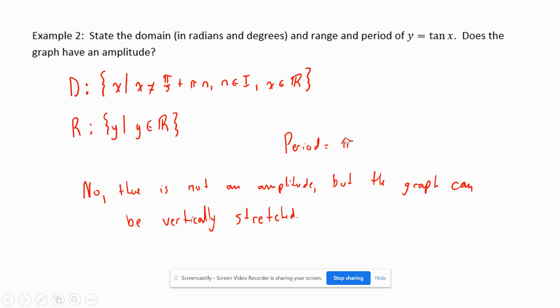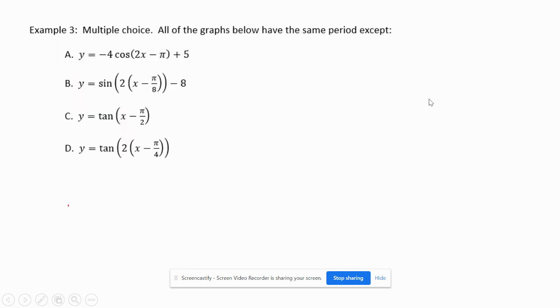So there's not a whole lot in the curriculum based on this lesson. What I like to do is just say, here's one example over here. Technically, guys, this is even outside of the curriculum because we're not supposed to do transformations of tan graphs, but we're going to do a quick little example for this one.